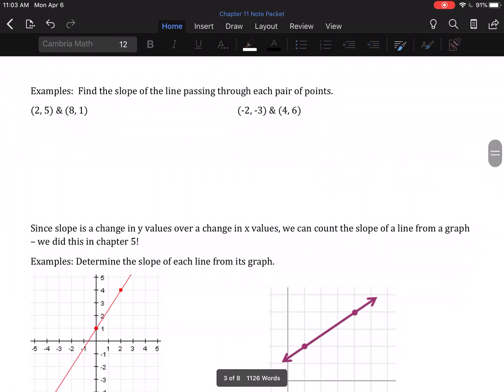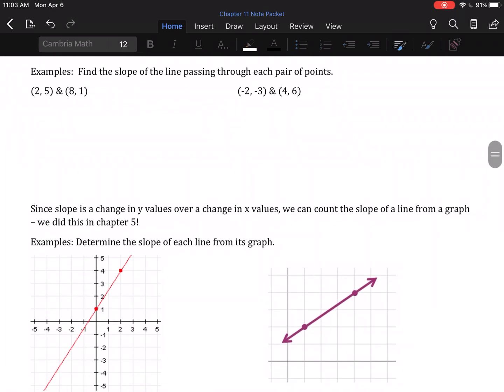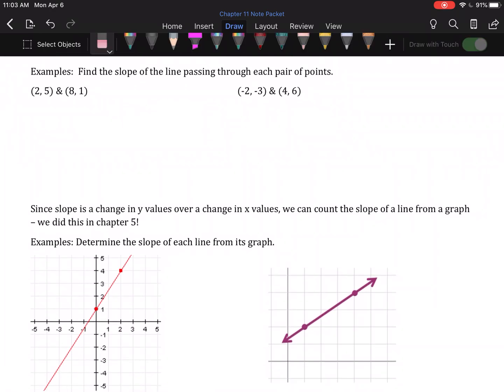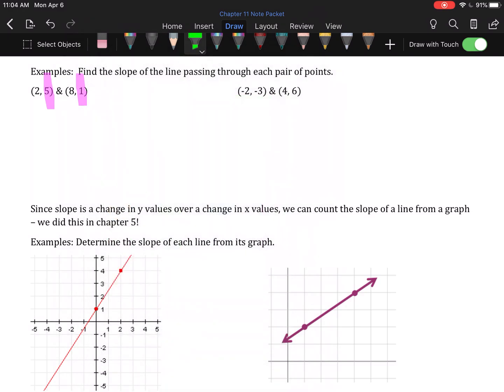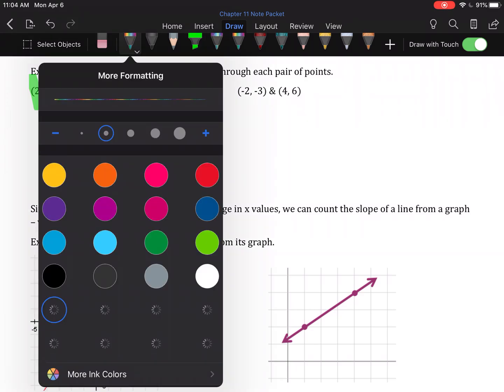So, find the slope passing through each pair of points. This is a little bit of math. So, we take the y values on the top, x values on the bottom. So, let's see.